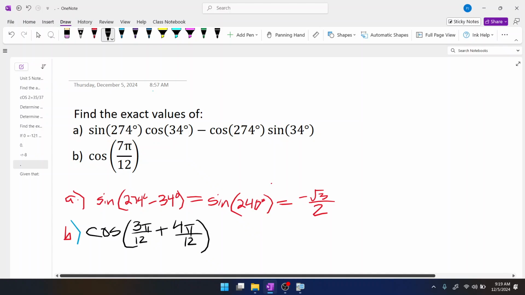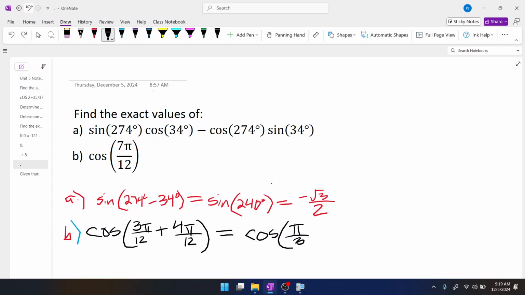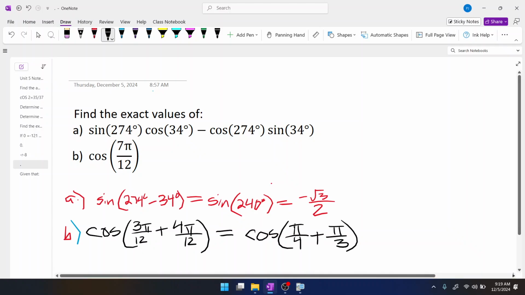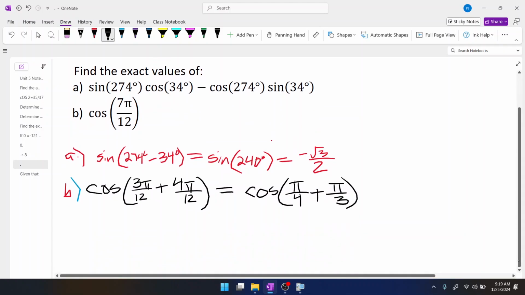Because pi over 12s are not on the unit circle, but 3 pi over 12 is in fact pi over 4, and 4 pi over 12 is pi over 3. So what we can do with that is very simple.